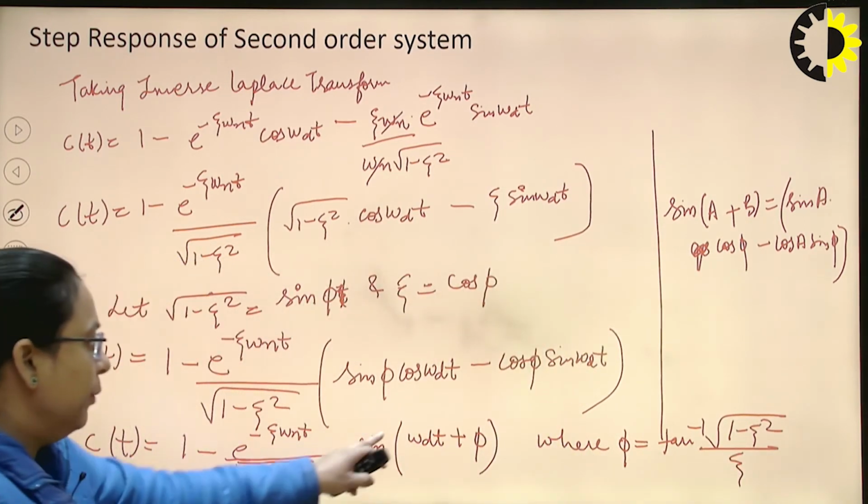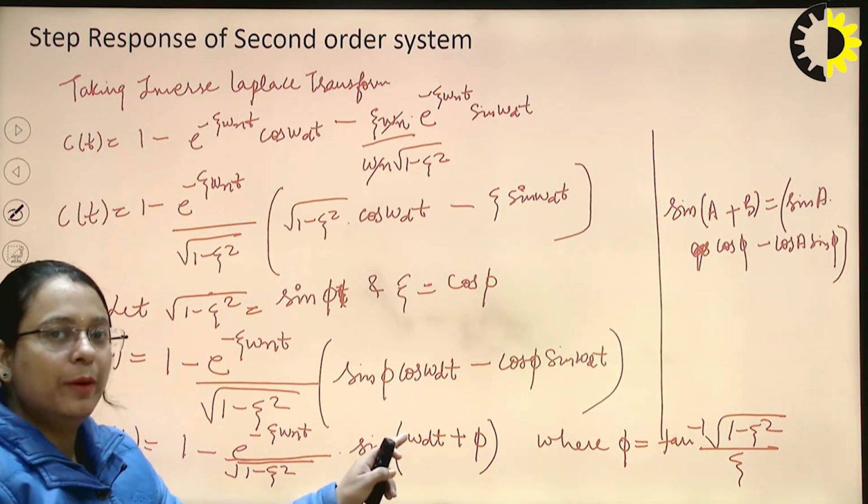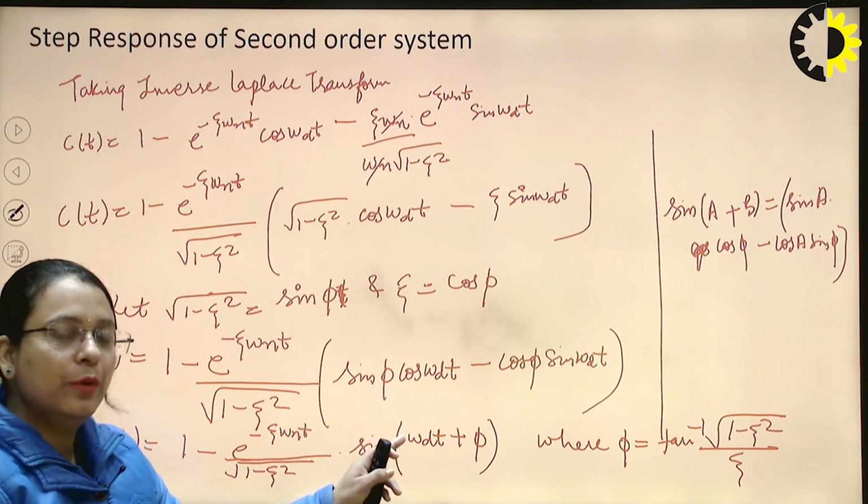And omega d is omega n under root 1 minus zeta square.